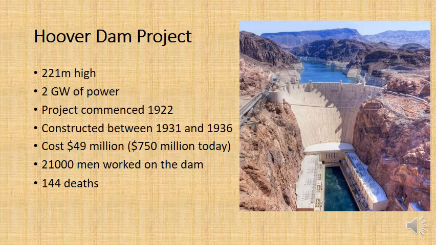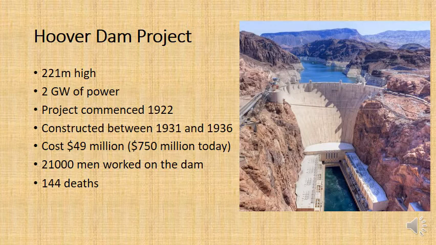So there were 9 years of initiating and planning and design work before construction even began. That might surprise you, but that's quite normal. And then construction only took 5 years. They built it in 5 years. Now, it cost $49 million, so about $750 million in today's money.